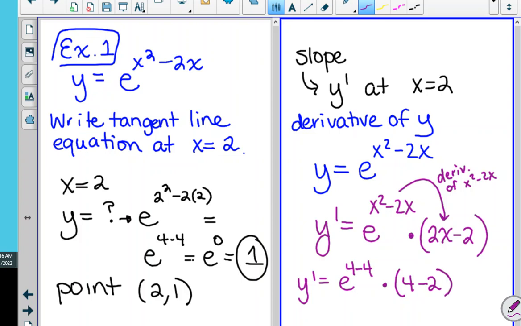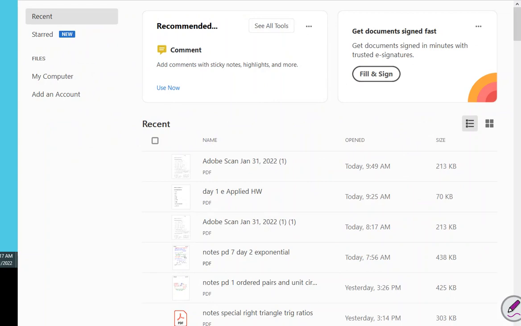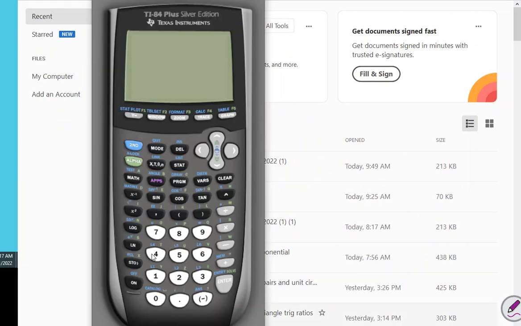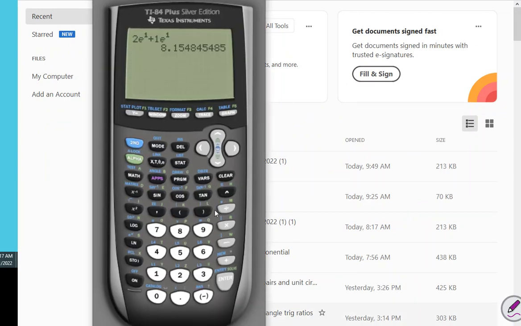Once again, I'm not going to get super freaked out that I have to evaluate things with e. We're not in pre-calc where I've taken your calculator away. We're not in AB where I'm not letting you use a calculator. You can absolutely type these kinds of things in your calculator if you want.